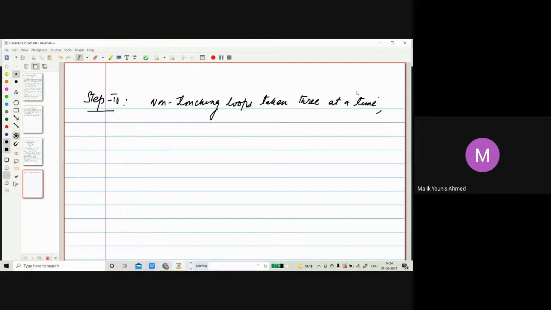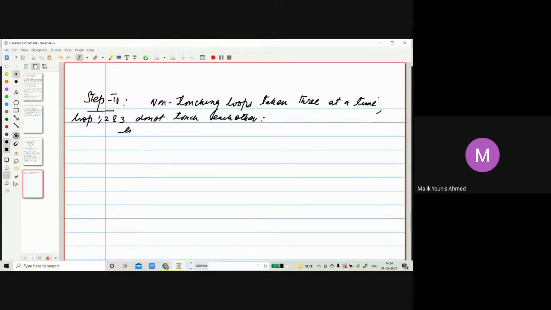So loop 1, loop 2, we will multiply them. So loop 1, 2, and 3 do not touch each other. This is very clear.